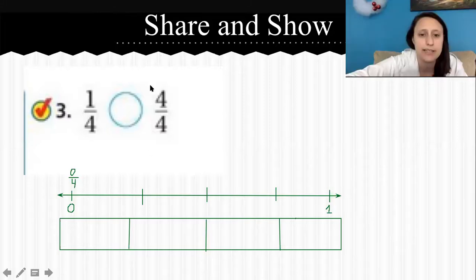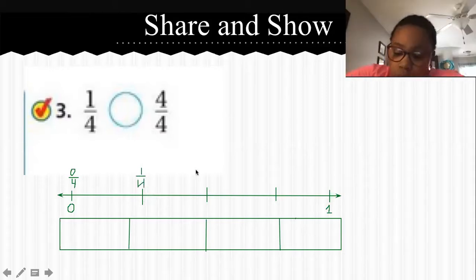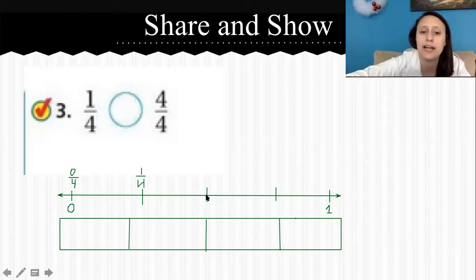All right. If I'm right here on my number line, then I've traveled through 1 out of 4 of my sections, okay? If I'm right here, how many sections have I gone through from 0 to right here?